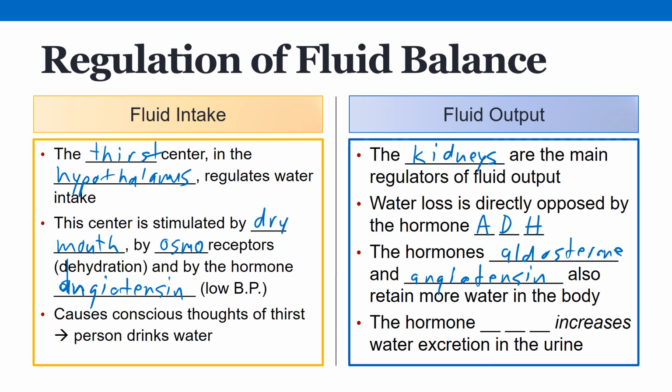And as we've talked about, water tends to follow sodium. So if you retain more sodium in the body, you'll retain more water. And finally, the hormone ANP, atrial natriuretic peptide, increases the amount of sodium leaving in the urine, so it increases the amount of water leaving in the urine. So if for some reason you're taking in too much water in a day, you can excrete more of it in your urine.